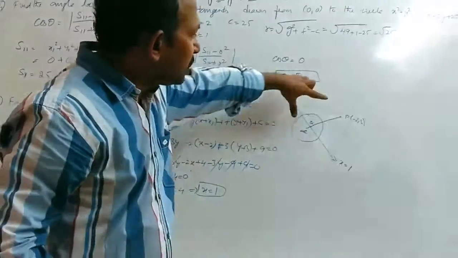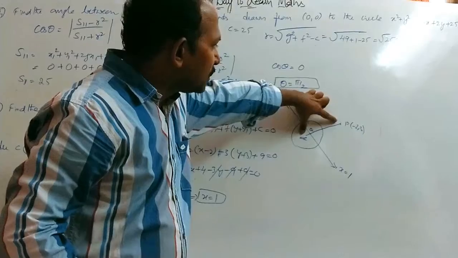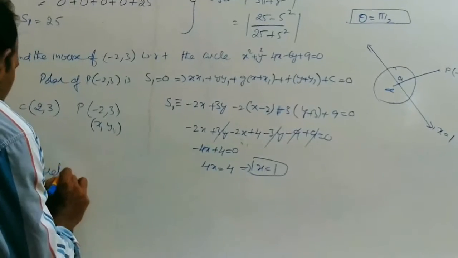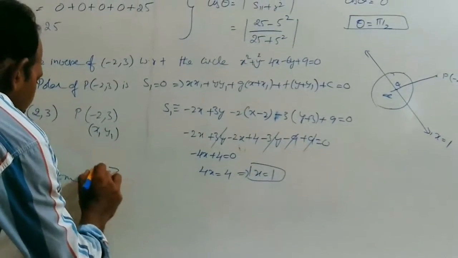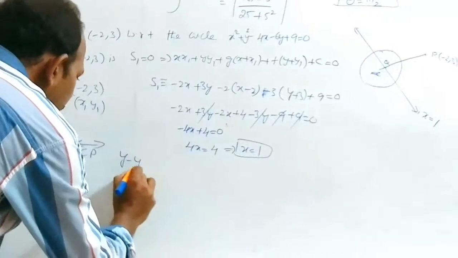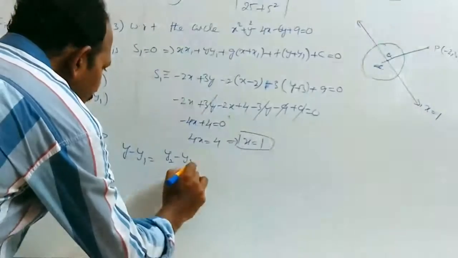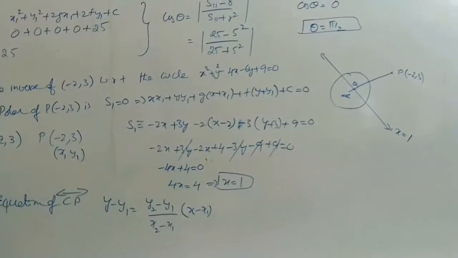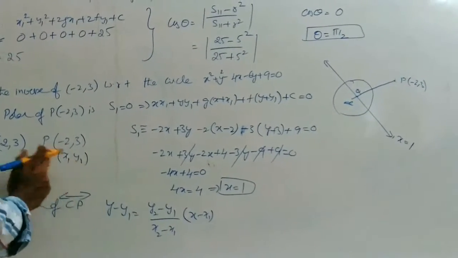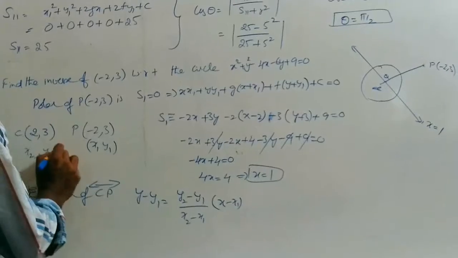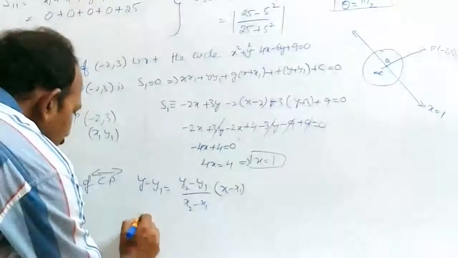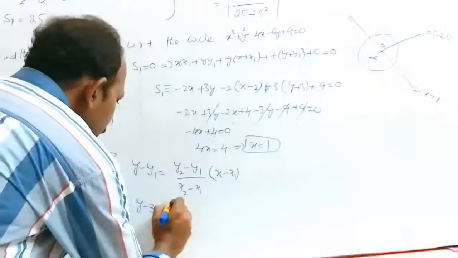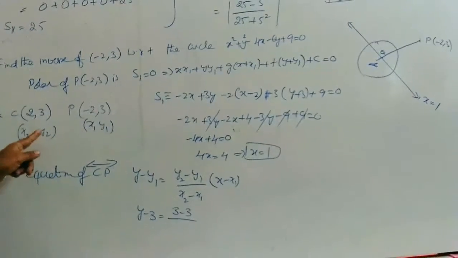Now let us find the equation of the line passing through C and P. The formula is y − y1 = m(x − x1), where m is (y2 − y1)/(x2 − x1). Substituting, y − 3 = ((3 − 3)/(2 + 2))(x − x1), with x1 = −2.